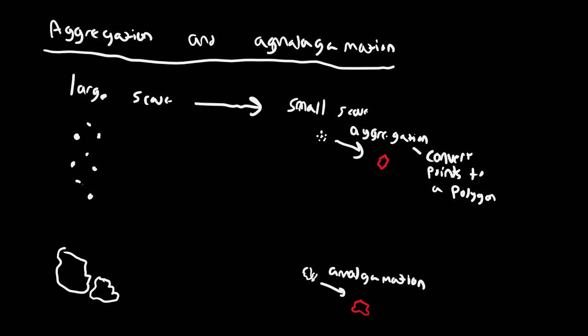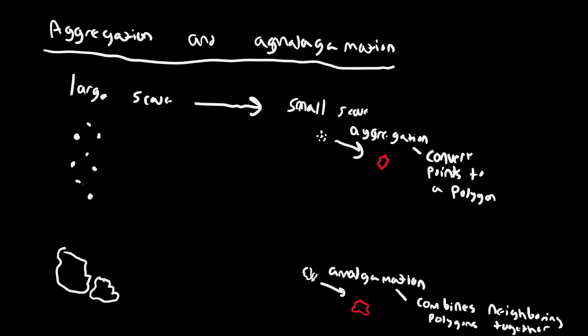So to reiterate, what amalgamation does is it combines neighboring polygons together.